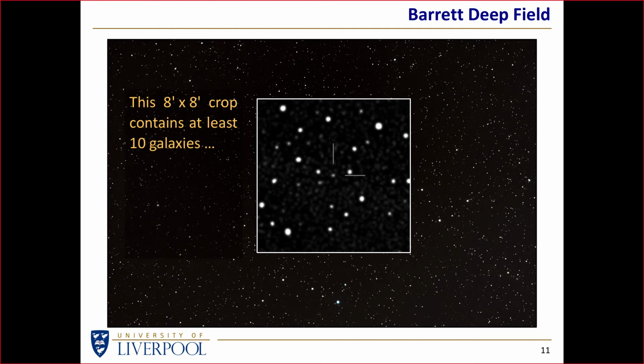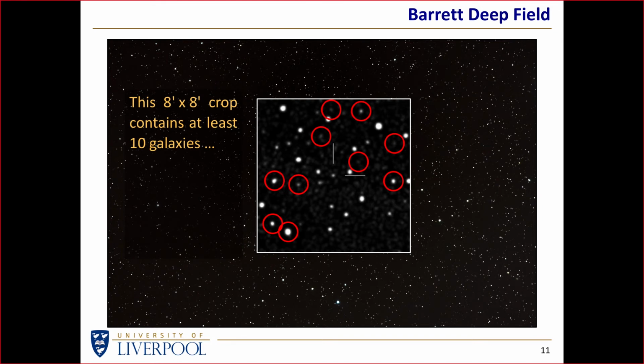And within that particular field that I was scrutinizing, I actually found not only the quasar, but about 10 other galaxies. I don't expect you to be able to see them, because depending on your screen, some of them might be a little bit faint, and nor can you tell the difference between a galaxy and just a foreground star, for instance, a star that would be inside our own Milky Way galaxy.